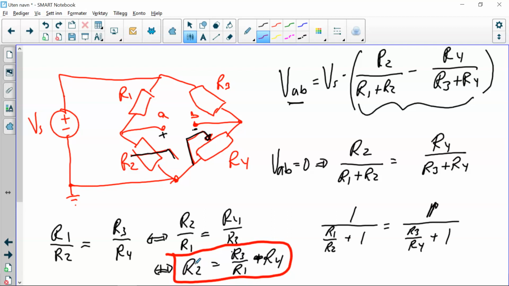It's called a balanced bridge, and it's very accurate because we can adjust VAB to very close to 0 with very high accuracy. So it's the most accurate way to find an unknown sensor at a difficult location.